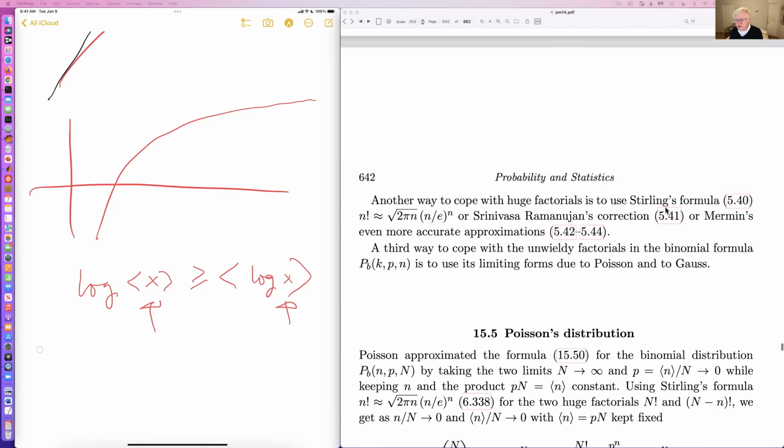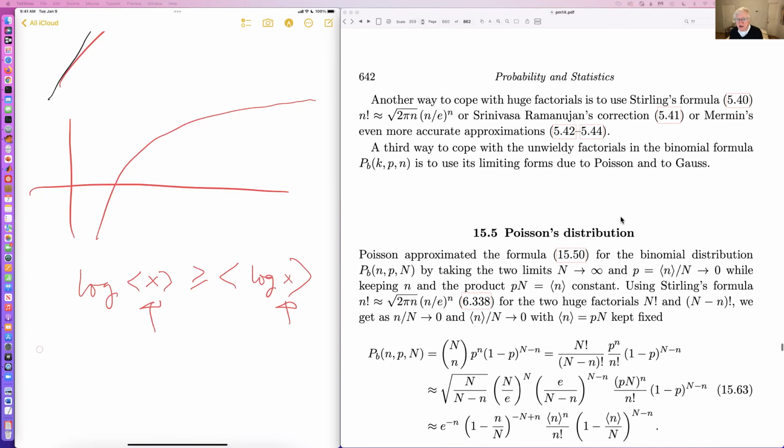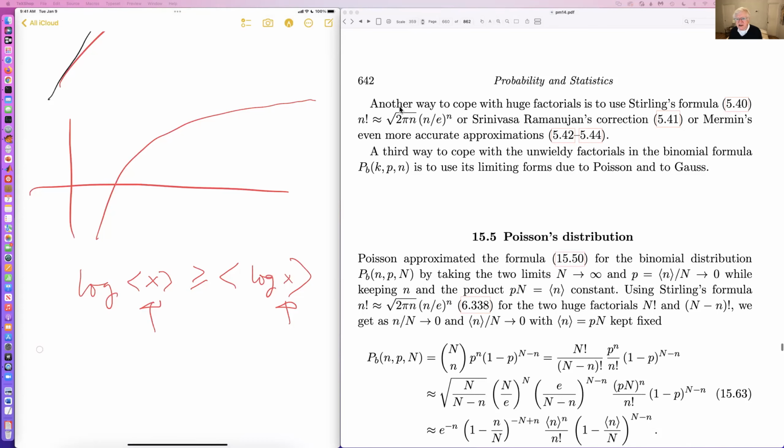Another way to cope with huge factorials is to use Stirling's formula or Ramanujan's correction or Gosper's even more accurate approximations. But this is not such a great way of doing things because you still have a huge number here.